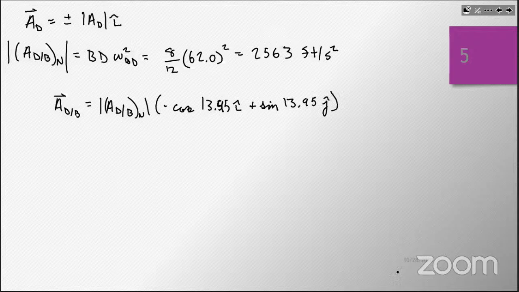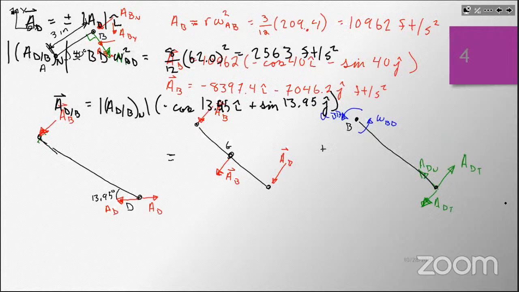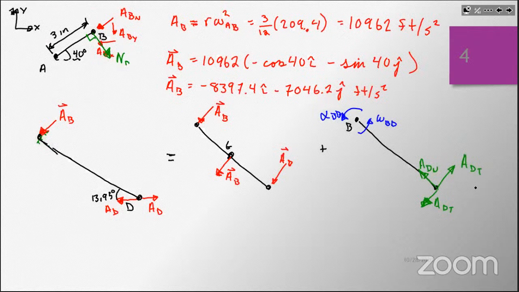Okay, so let's go back here. We're talking about these green accelerations, specifically the normal. If I'm talking about the normal, the angle here is this 13.95. All I'm doing is putting this vector into x and y components, into i and j. That's all I'm doing. What do the components here look like?